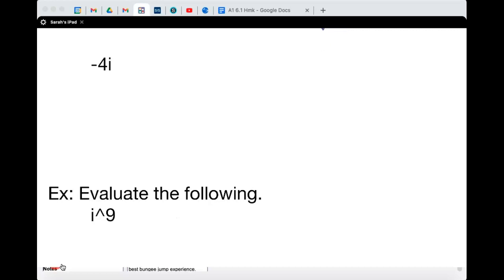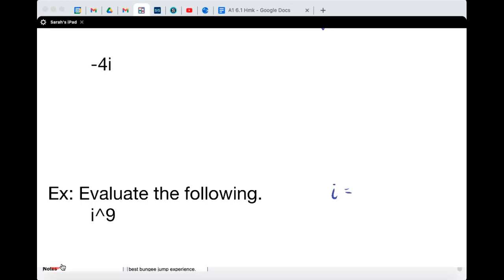Okay, so let's go back to Friday. What did I represent? It's the 9th power. Can it technically be 4? You know how i squared was negative 1?